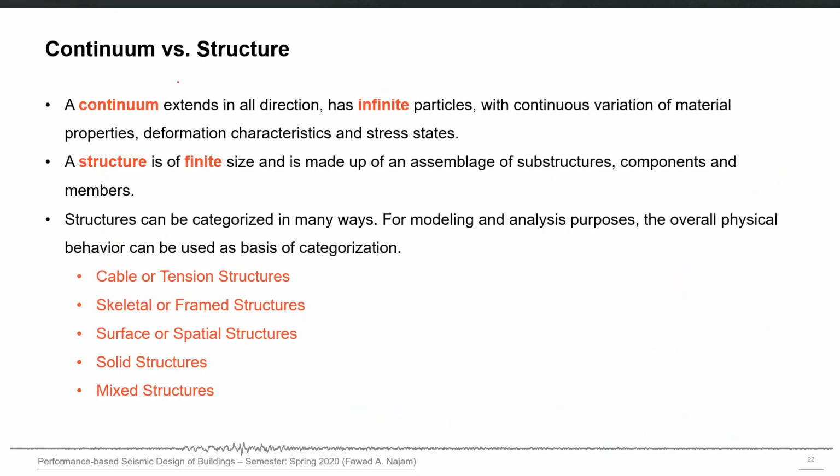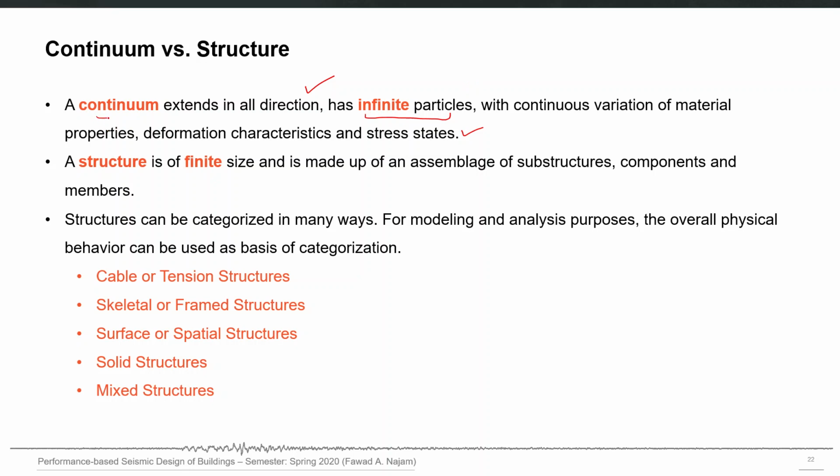The difference between a continuum and a structure is that a continuum extends in all directions and has infinite particles with continuous variation of material properties, deformation characteristics and stress states. So the displacements, deformation and stresses all vary continuously in a continuum.